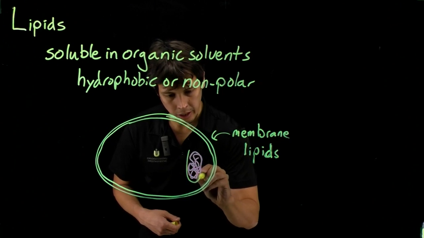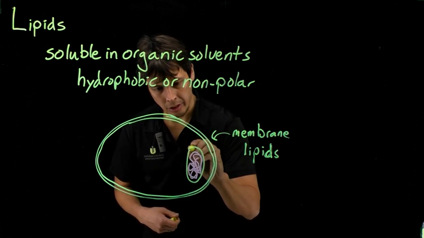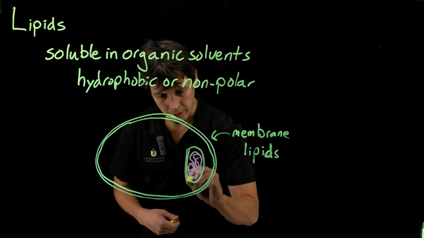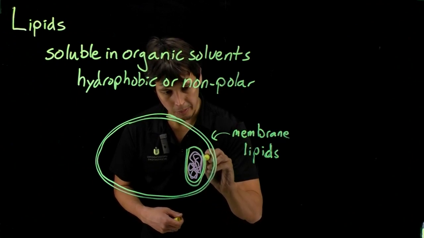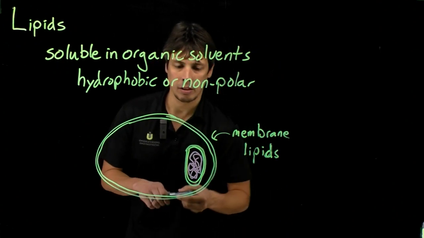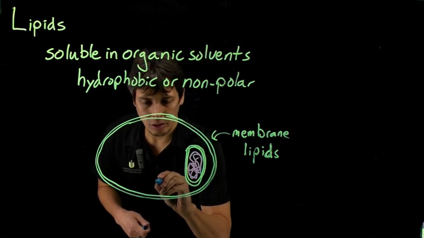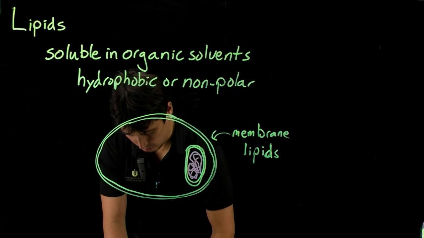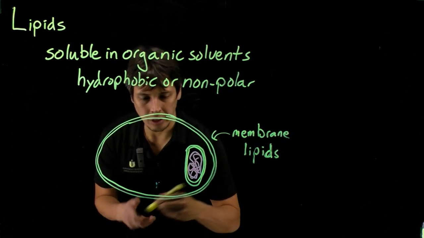And so DNA, for instance, in eukaryotes, is encapsulated by a double membrane structure, which we collectively call the nucleus.